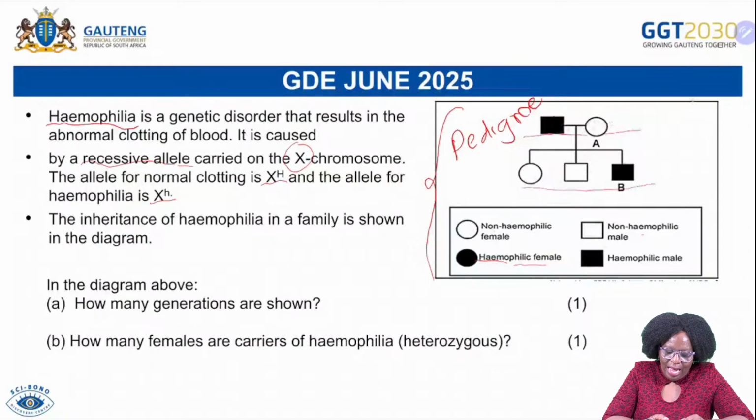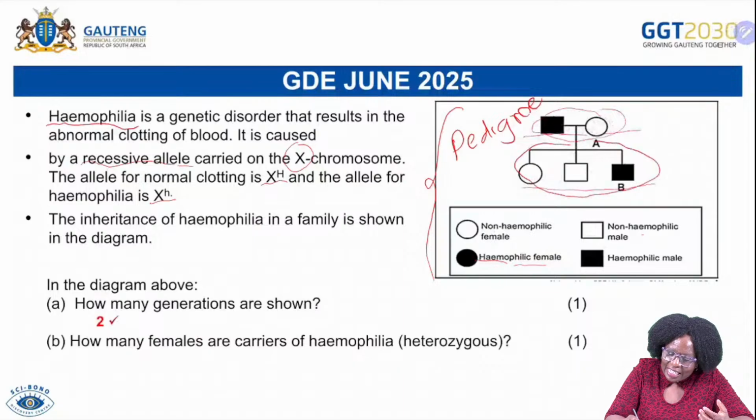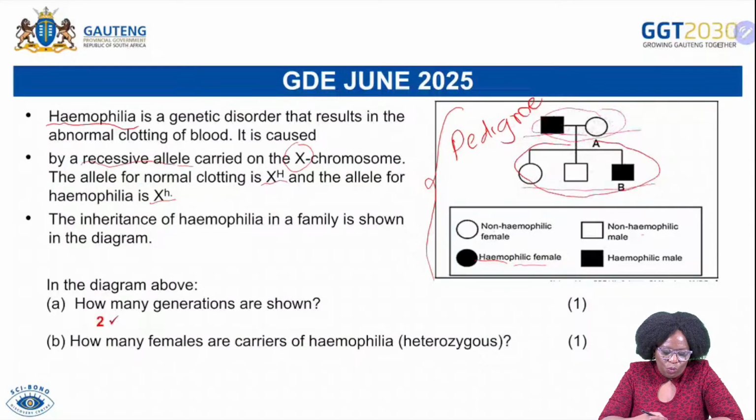Therefore, our answer to the question should be 2. We have shown each other how to identify the generations. So this is the first generation, and we have got the second generation. 2 generations are shown.